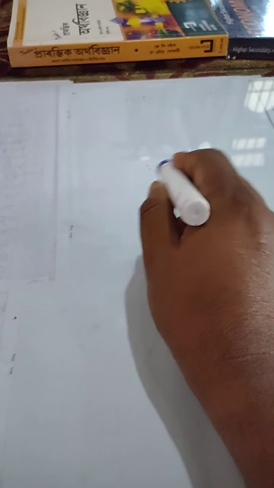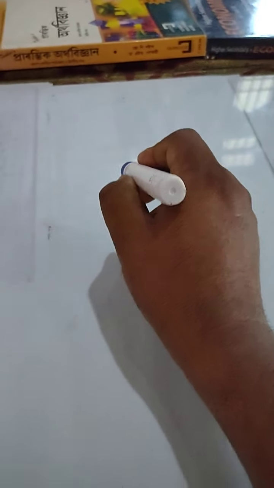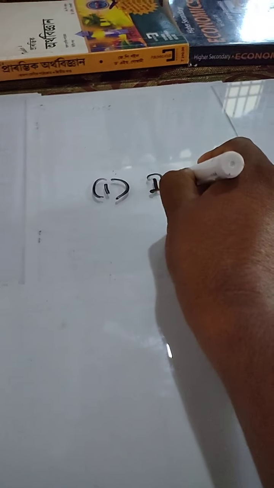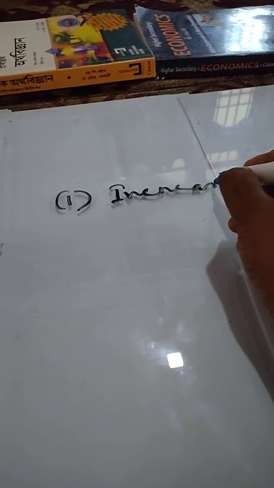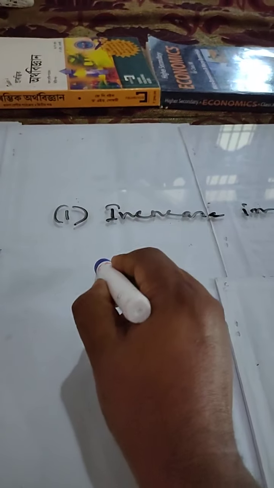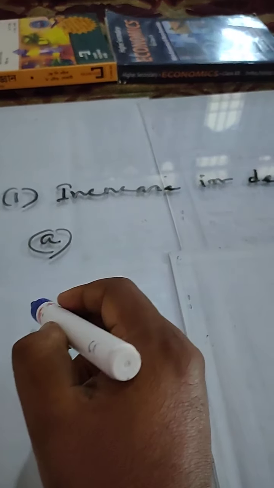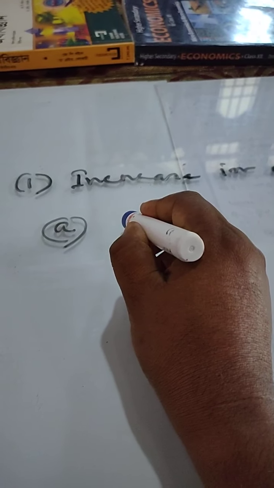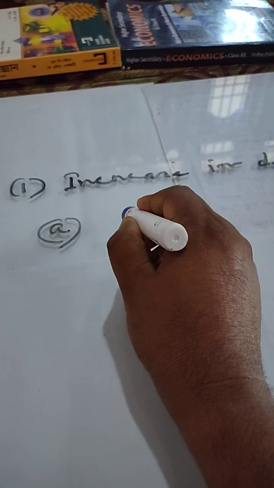Our topic was increase and decrease in the demand for the commodity. So number one, increase in demand can be discussed in two ways. What is the first case?